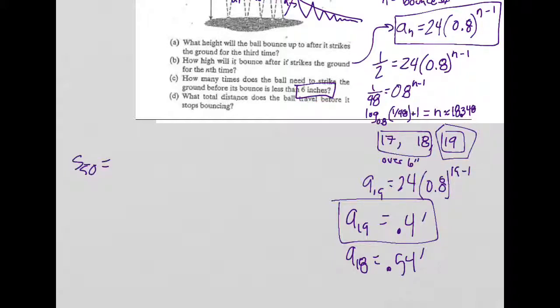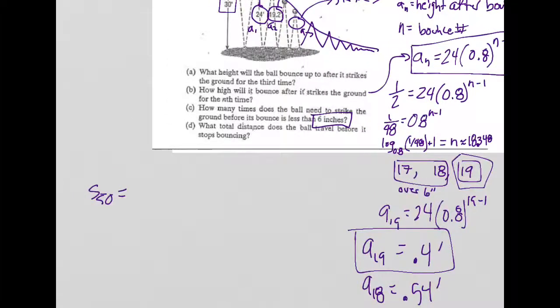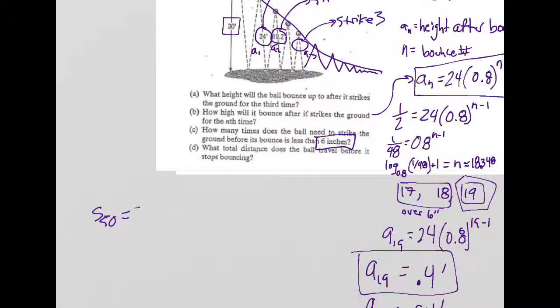Doing so, we're going to take the first term in the sequence. The first term in the sequence, remember, is 24. So it's going to be 24 times 1 minus our ratio, which is 0.8, raised to the power of 50, the number of bounces, divided by 1 minus 0.8.